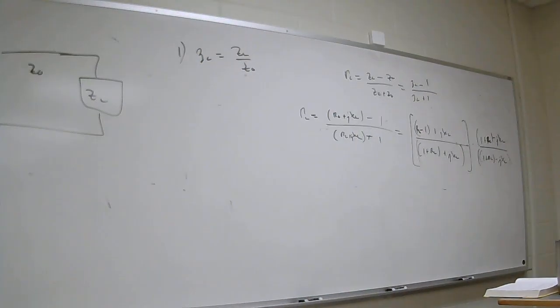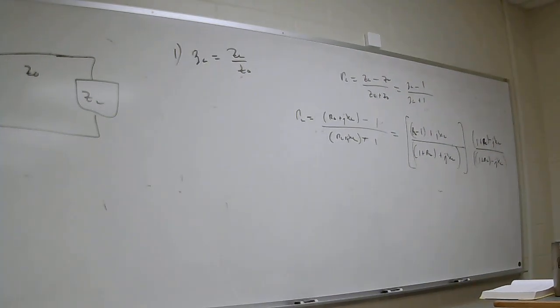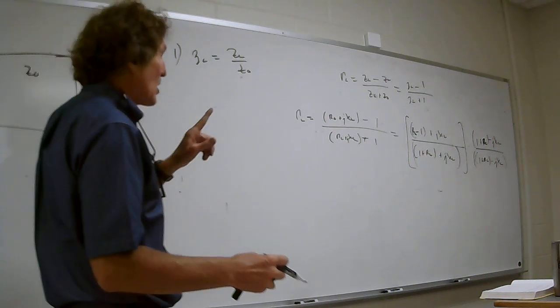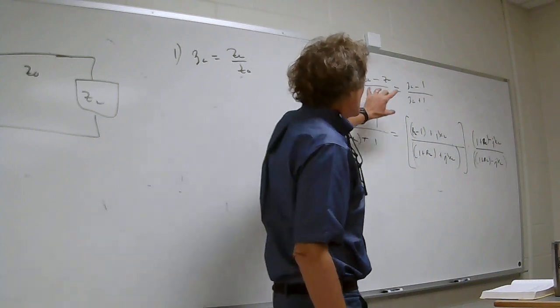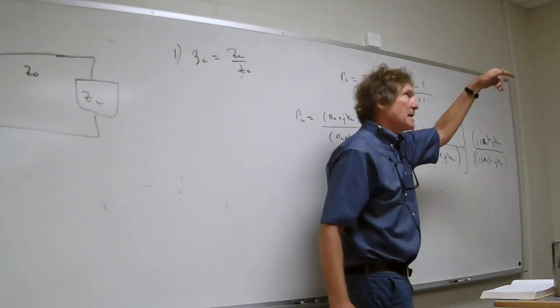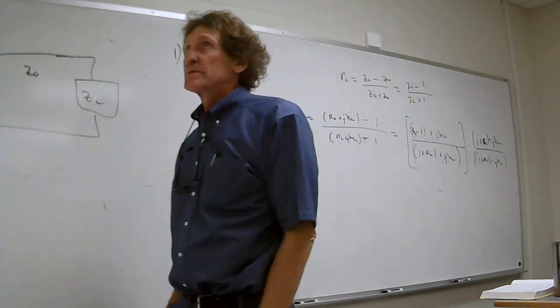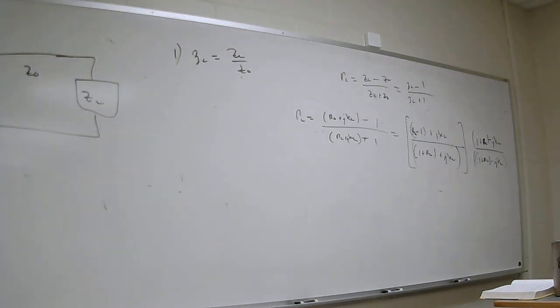So what happens here is they plot trajectories, without getting into too much of this, just try to appreciate. I just showed you this at the load, but if we allowed this to be anywhere, not just at the load, this would be multiplied by an e to the j, and it's 2 beta times the length. I don't want to go there right now because it'll get too confusing, but there's a way.